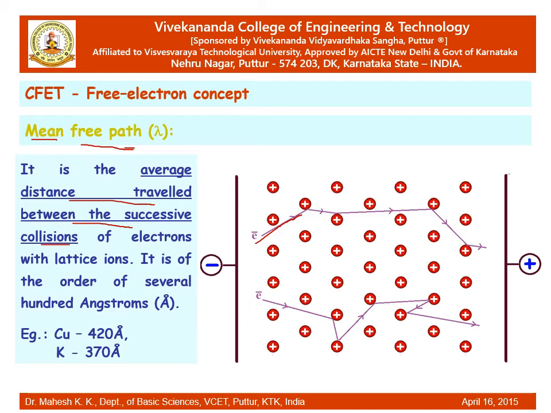The average of such distances is called the mean free path. For example, in the case of copper it is around 420 angstrom units, and in the case of potassium it is 370 angstrom units.